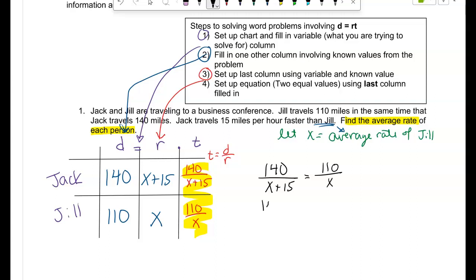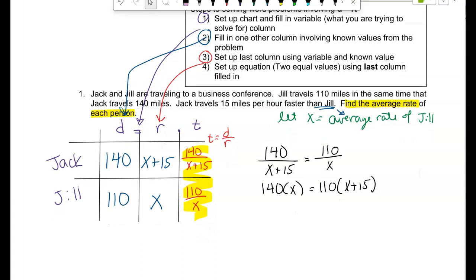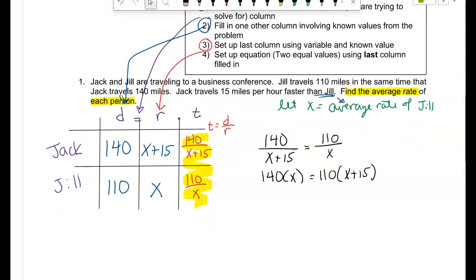So we got this. 140 times x equals 110, don't forget your parentheses, x plus 15. So what do we do next, my friends? Oh, you reverse that plus. No, I didn't reverse the plus 15. It's right. I cross multiplied. These two multiply together, and those two multiply together.